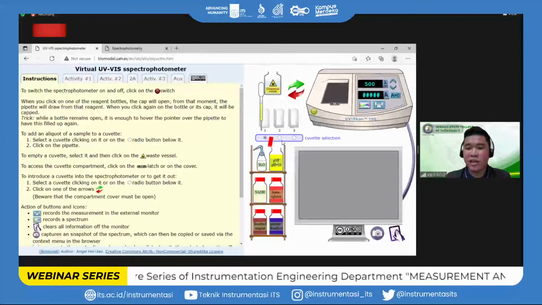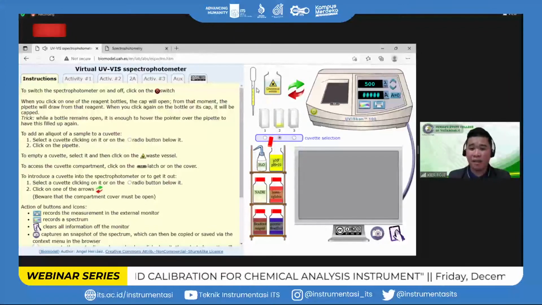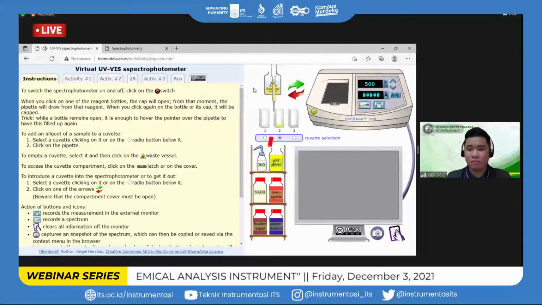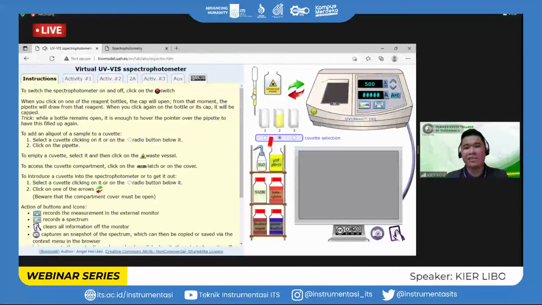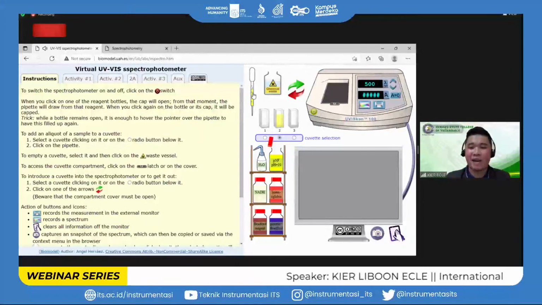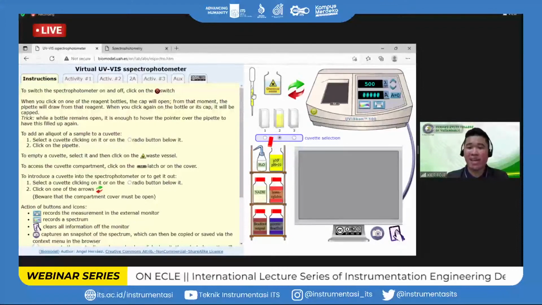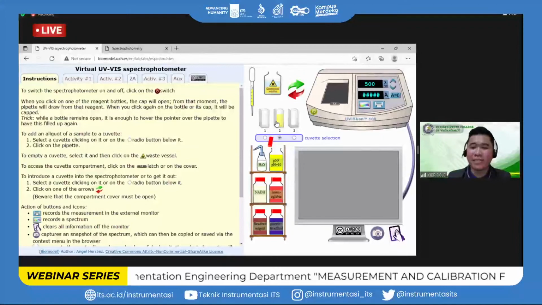We are going to use the second cuvette, still 3 ml. Do not worry, because the working principle in this virtual laboratory is similar to the actual instrument that we use for chemical analysis. The working principle is just the same.